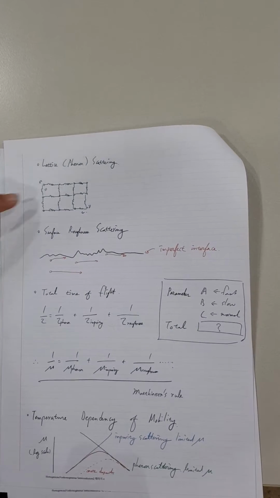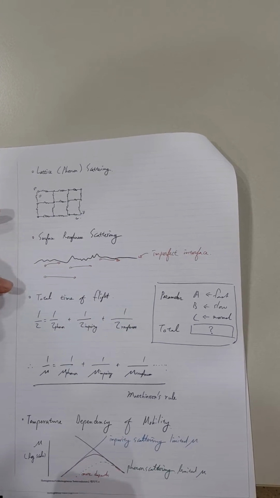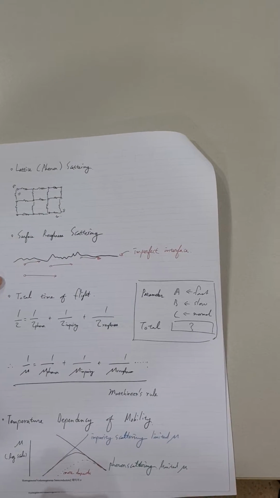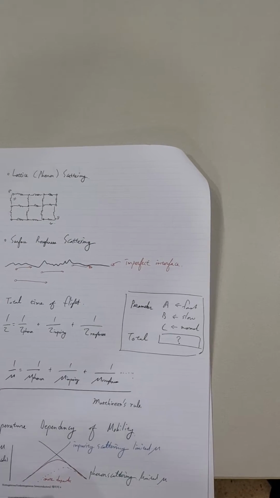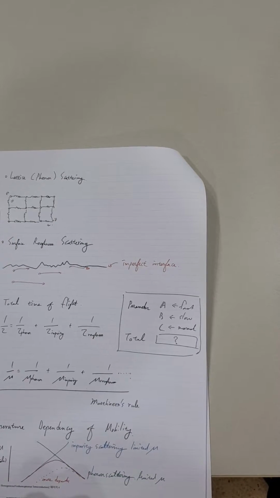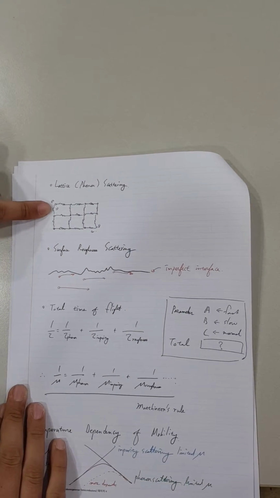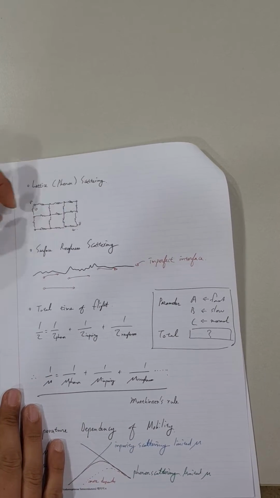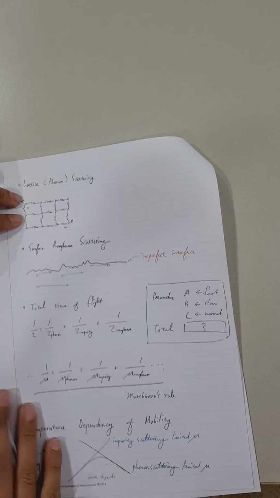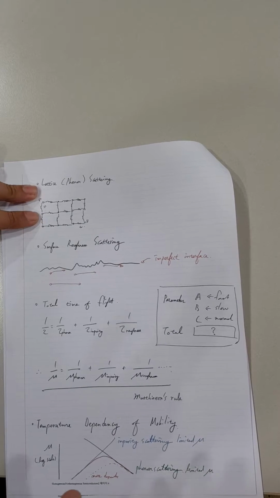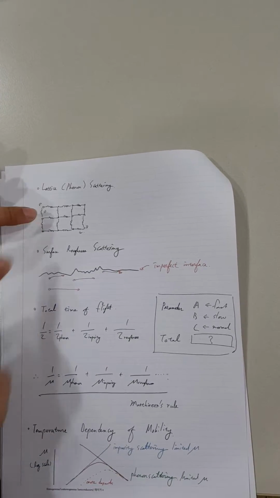And next we have learned about lattice scattering. As you can see in this page, there are two types of scattering. One is lattice phonon scattering and one is surface roughness scattering. Lattice scattering happens when the electron carrier goes through the lattice like this. Then the carrier is affected by each lattice structure.